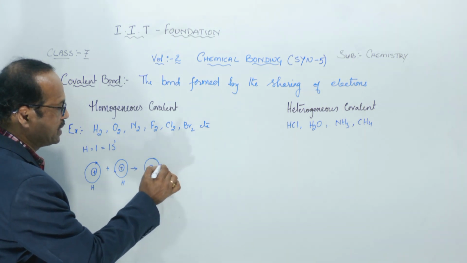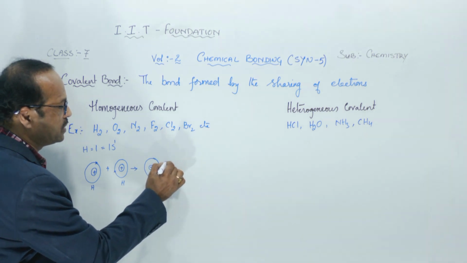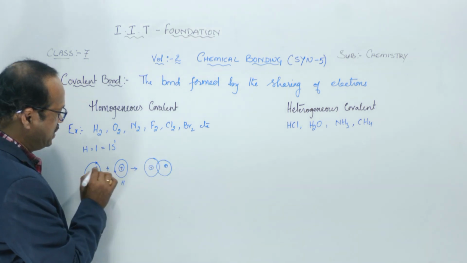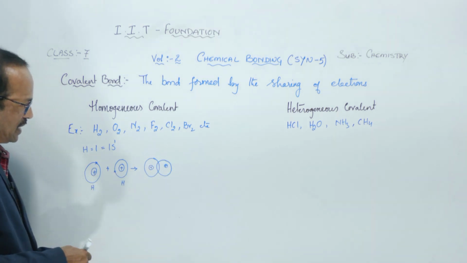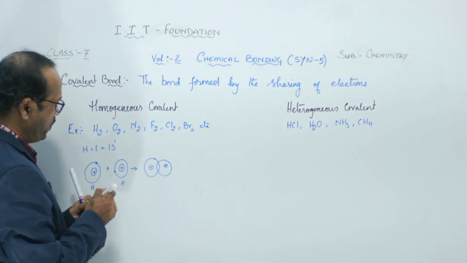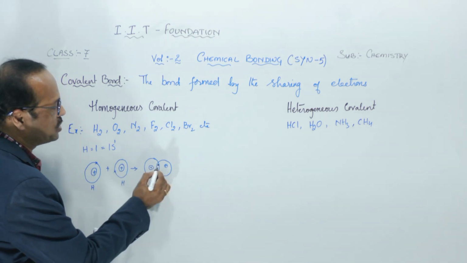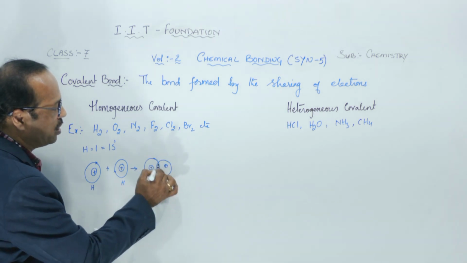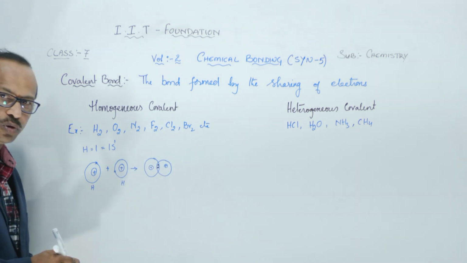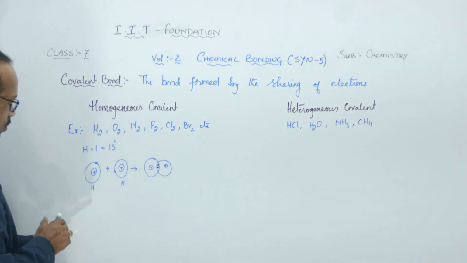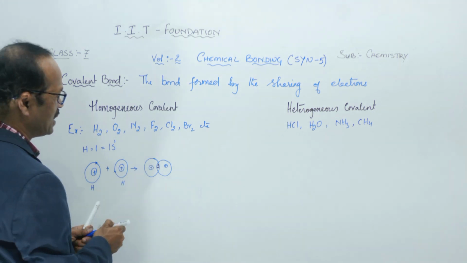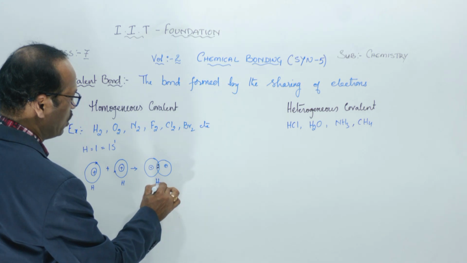This is the first hydrogen, this is the second hydrogen. This hydrogen is providing one electron and this hydrogen is providing one electron. Two electrons are shared by both the hydrogen atoms to form the hydrogen molecule. So now this is called a hydrogen molecule.